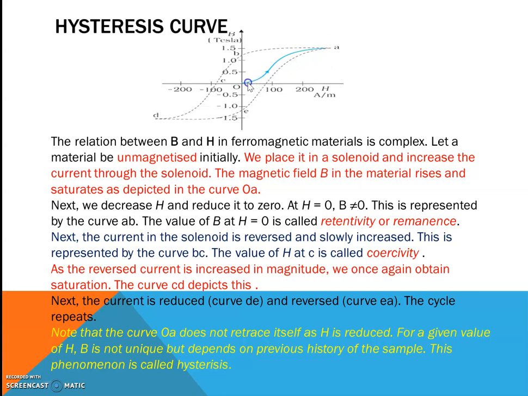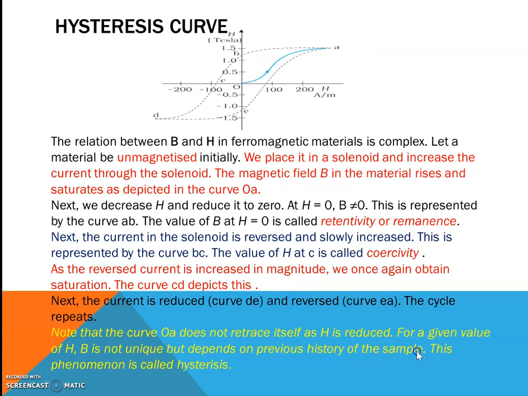Initially we were tracing the path O to A, but after completing the cycle, we are not able to retrace the path. It means for a unique value of H, B is not unique. See this, for a unique value of H, B has two values, this one and this one.